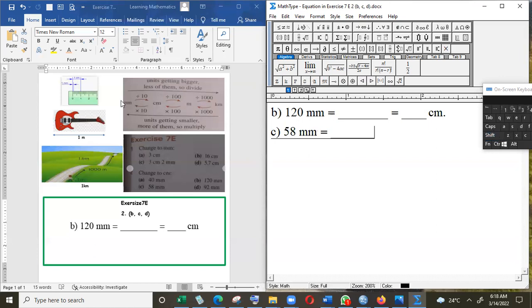So start with millimeter, check the notes. What do you do to 58? And your answer in centimeters. So please copy this down also and show your working. Complete the blank spaces. What do you do to 58 millimeters to change it to centimeters? And look at there, from millimeter to centimeter, what do you do? Verify.